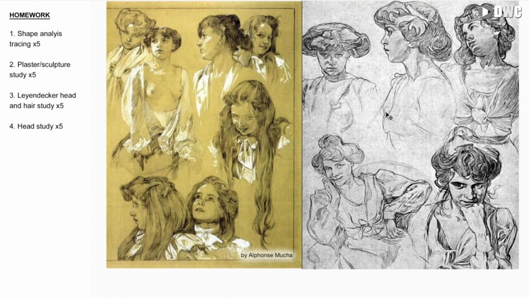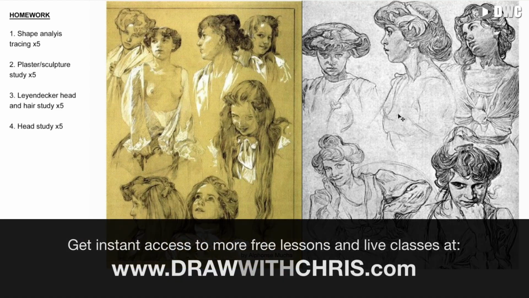So do some studies from Leyendecker, and if you take your time and actually try to copy and understand him, you will start to train your eye to see shape. So that's why I recommend Leyendecker. And then once you go through that process, then actually take on the model, draw from the life model or the reference as well.